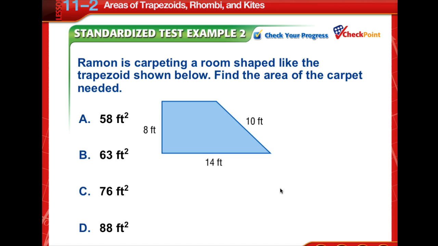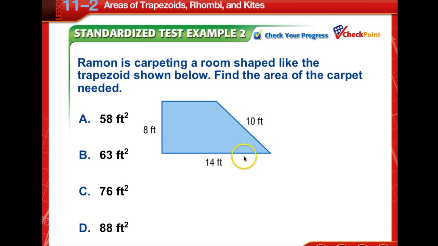Okay, time for you to check your progress. So pause the video and find the area of the carpet that's going to be needed to carpet this room, and then come back and check your answer. So if I drew and separated this into a right triangle, I know that this measurement would be 8. I know that this is 10.